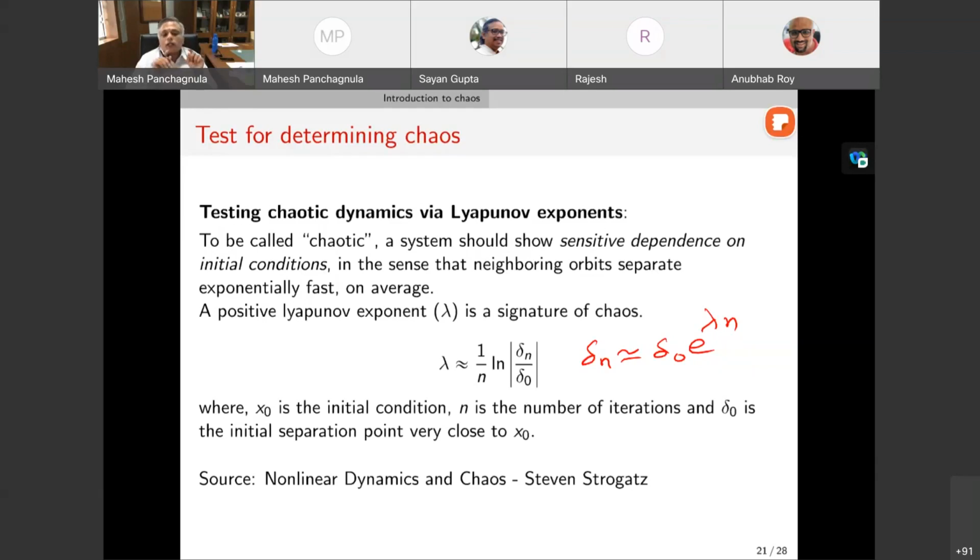So the parameter lambda will now tell me how fast the trajectory is going to diverge. I'm really not interested in the value of lambda. I'm only interested in the sign of lambda. So lambda greater than 0 tells me the system is chaotic, and lambda less than 0, all I know is it is not chaotic. I don't know anything else about it from the Lyapunov exponent computation.